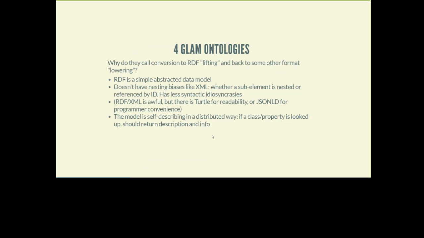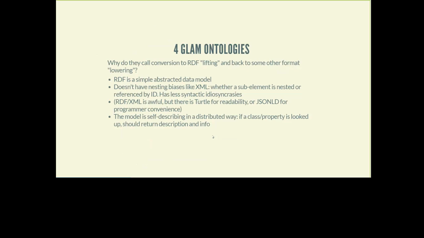Okay, in the next section, we'll take a look at several semantic data models or ontologies for the GLAM domain. First, just one word about RDF and why people consider it to be a more abstracted format, and why they say when you convert to RDF, you're lifting the information, and when you convert it back to some other format, you are lowering it.